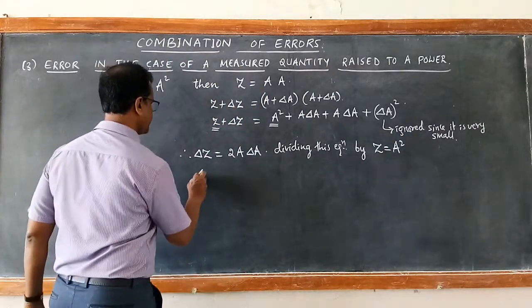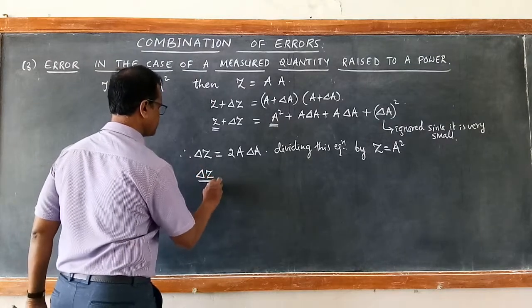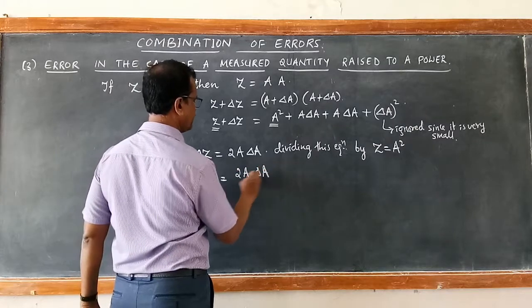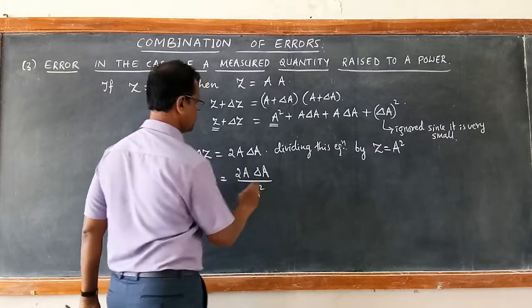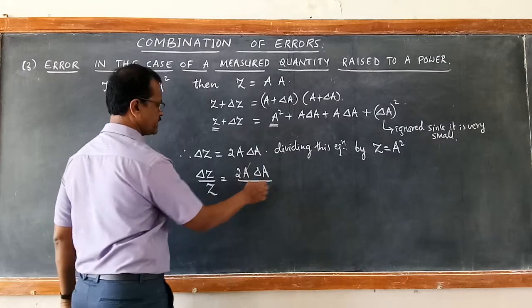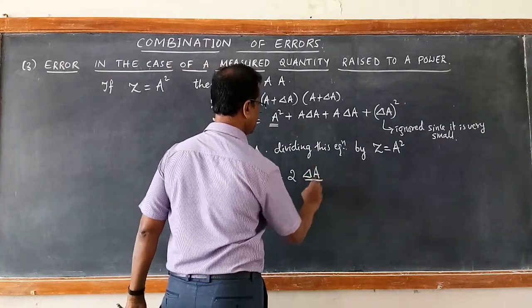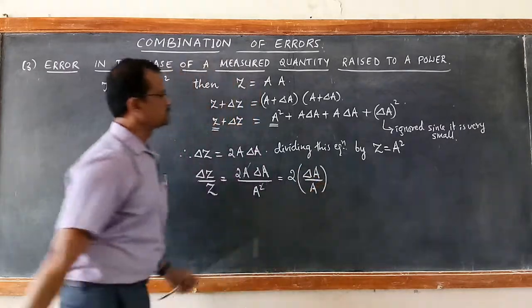So if we divide, we get delta z by z is equal to 2a delta a divided by a square. So you can see here one a cancels. So you are left with 2 times delta a by a. So this is the result.